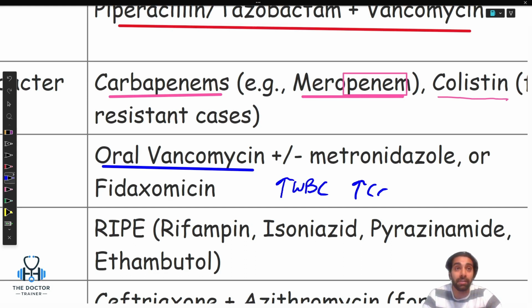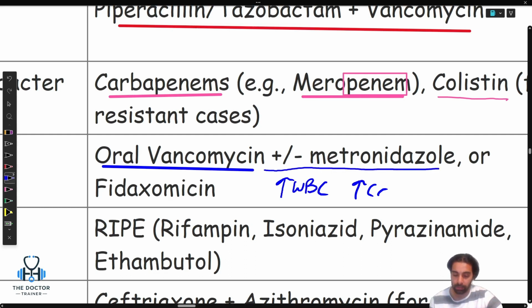If they are on death's door, I'm telling you, like septic shock, hypotension, and they have ileus, you don't hear any bowel sounds, and their white count is 22,000 and their creatinine is 2.5. That's severe, okay? So sometimes we will add metronidazole in those patients.